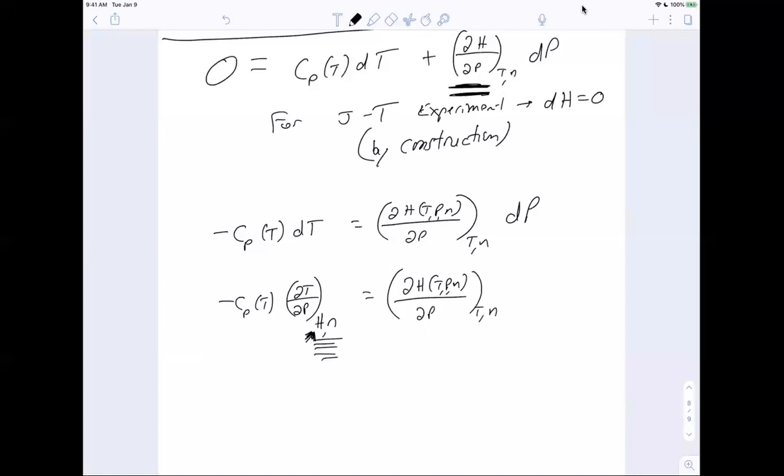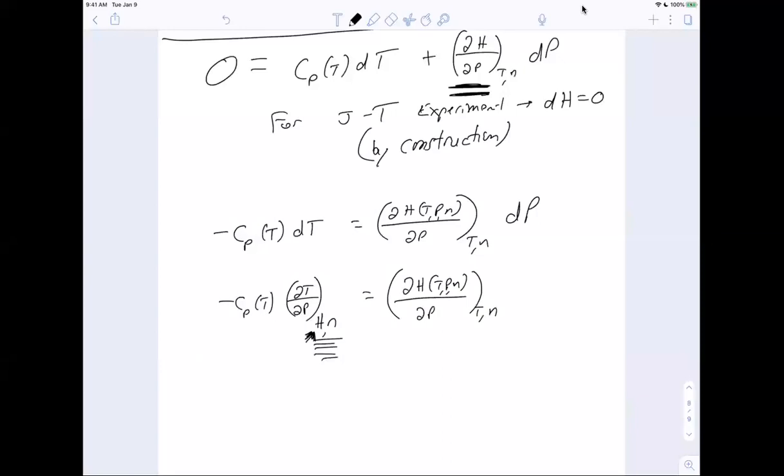Again, we wanted to know what this partial derivative on the right-hand side is. But since we couldn't take measurements directly of H as we varied pressure, because there is no H meter, we had to figure out how we could get this variation using things that we can measure. And everything on the left-hand side of this expression are things that we can measure.